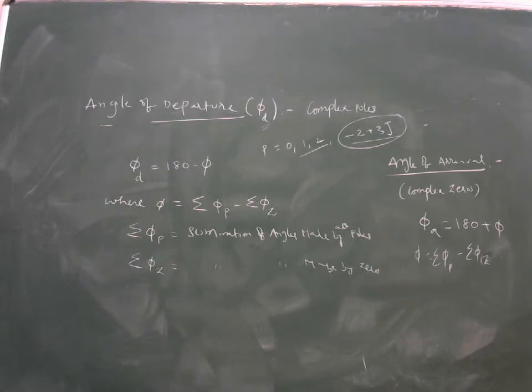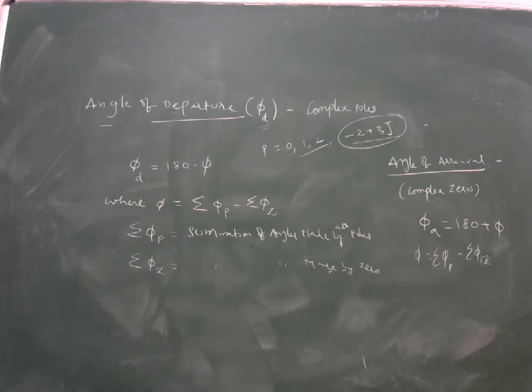The third is the angle of asymptotes and centroid. Next is the point of intersection. Before going to that, we discussed the breakaway point. Next is the point of intersection on the imaginary axis. And the last step we discussed is the angle of departure and angle of arrival.